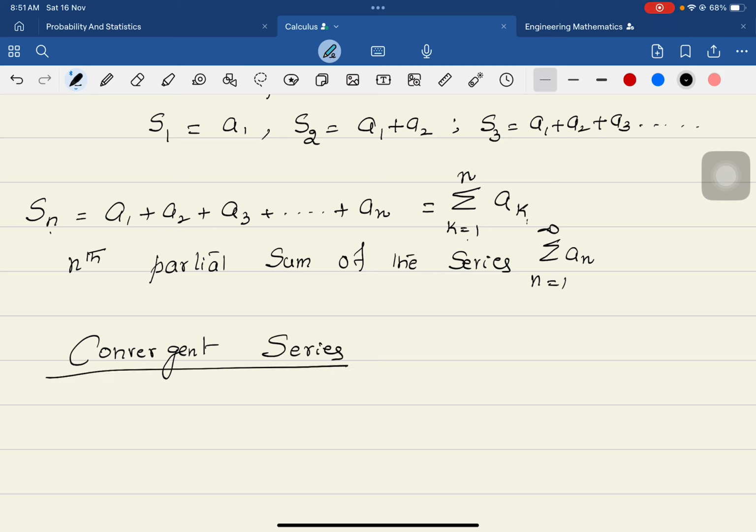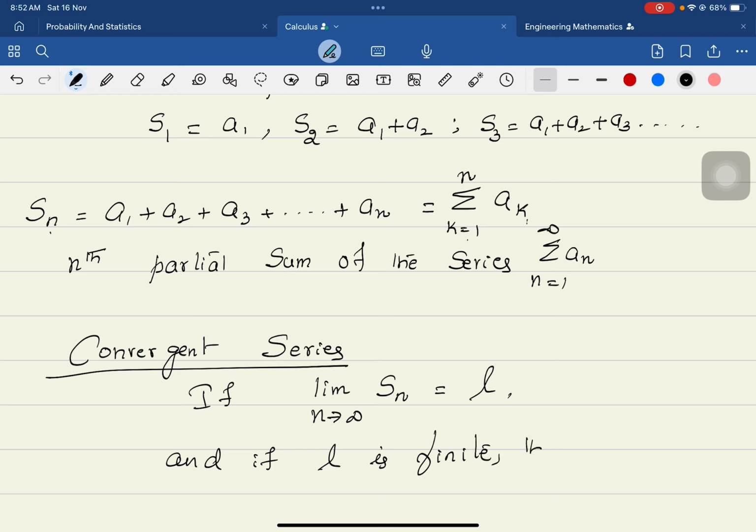If limit n tends to infinity of Sn, the nth partial sum, is L suppose, and if this L is finite, then not only the nth partial sum, the total series, sum n equal to 1 to infinity, is said to be convergent.